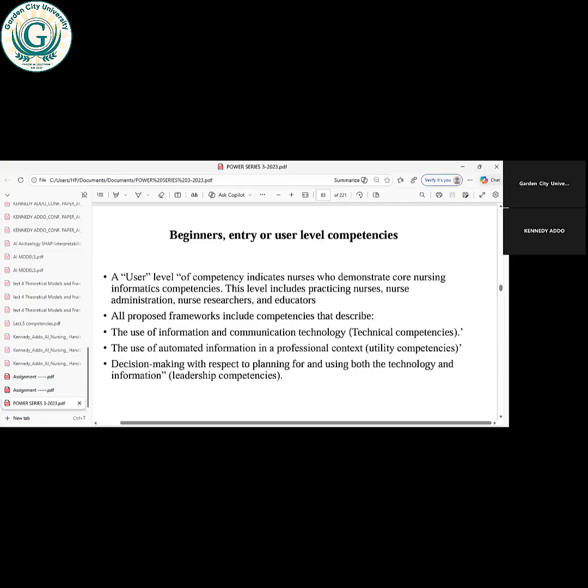Once we are done with a beginner, we are going to look at the intermediate or modifier. And then we also apply the same levels of competencies, whether technical, utility, and then leadership. Afterwards, we also look at the advanced or innovator level, whether those technical, utility, and leadership traits are also seen in those who claim to be advanced.